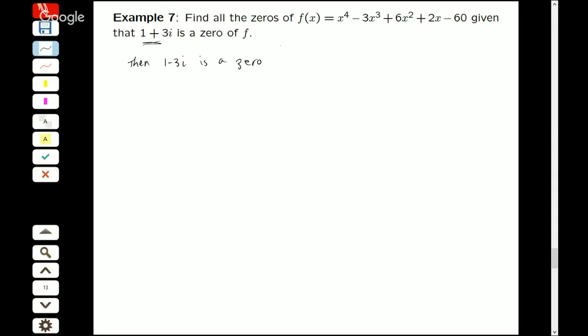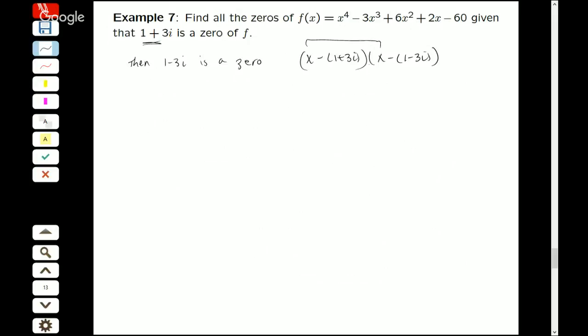So I'm going to multiply both of those together: x minus (1 plus 3i) times x minus (1 minus 3i). And I'm going to find the quadratic. And I'm going to do long division to find the linear factors. Told you we were building from the very beginning of this chapter. It all comes together in this section. Pretty much.